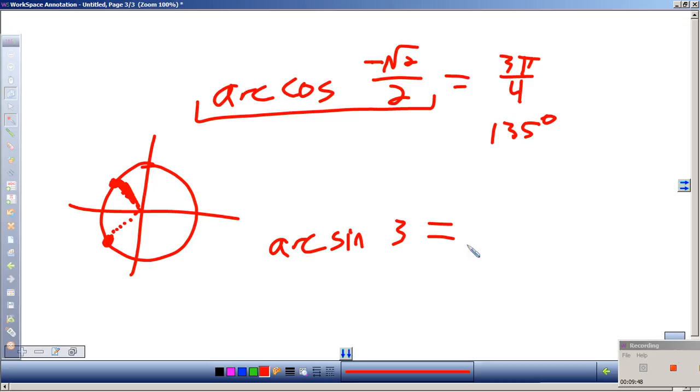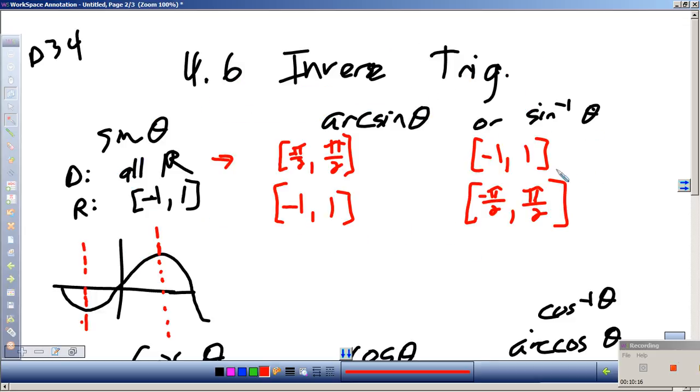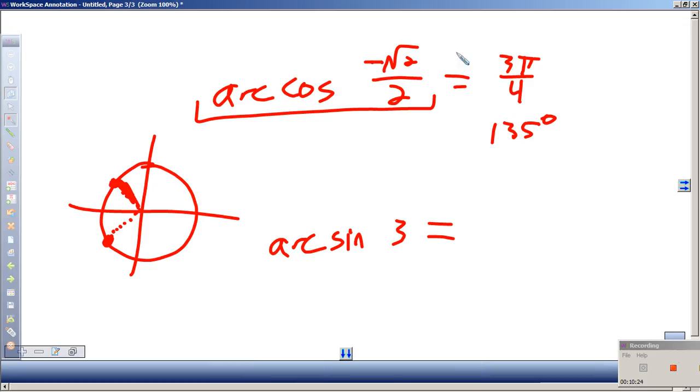It can't, he says. Why? Yeah, the inputs you can put in are -1 to 1. So this is undefined. There's no number that you can take the sine of and get 3.